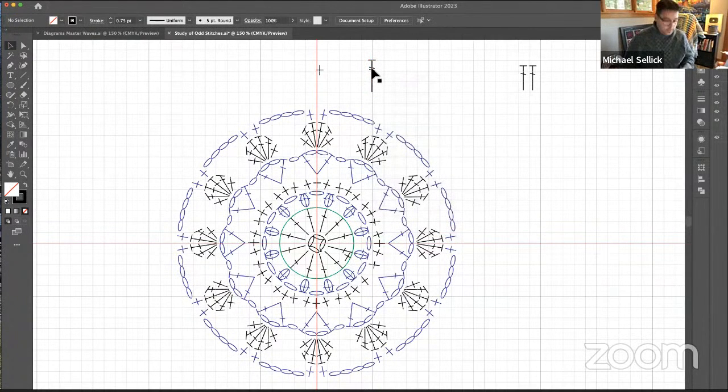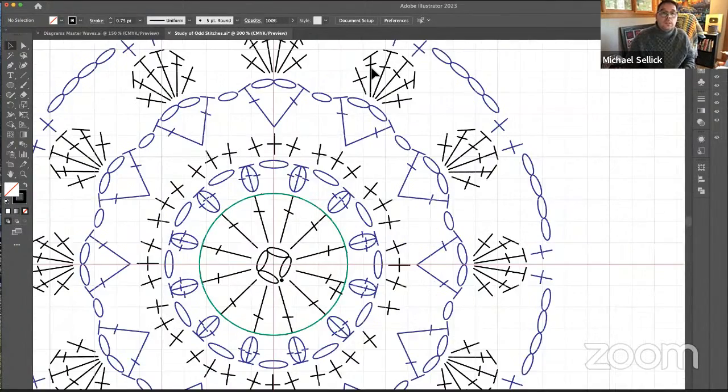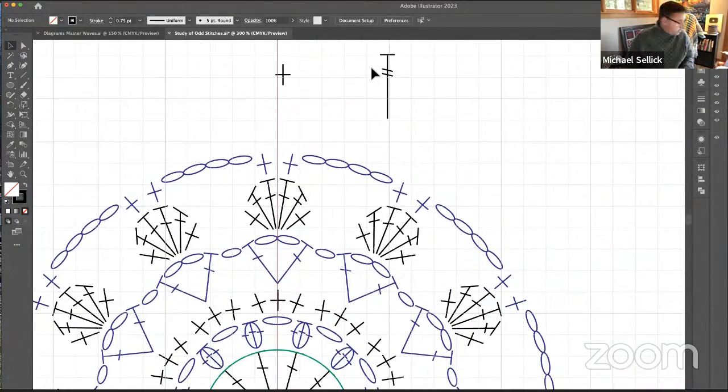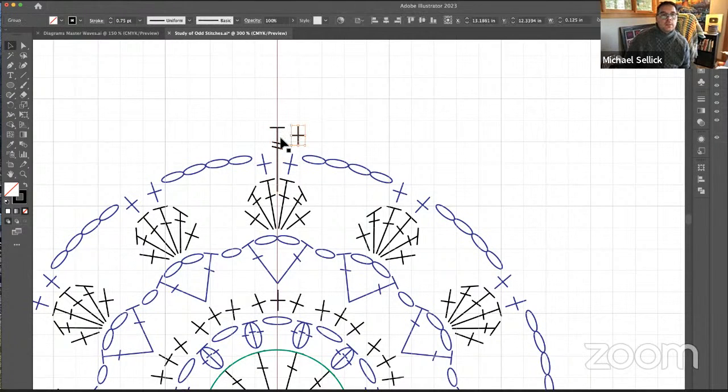Okay, so now let's take a look at what we're going to do here. So round 7 connects to there. They share the same top and they're going to be single crochet. So I need to put in a single crochet so I can see the height to match the height.